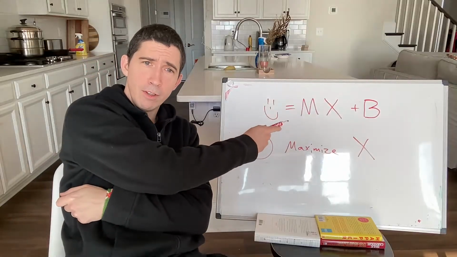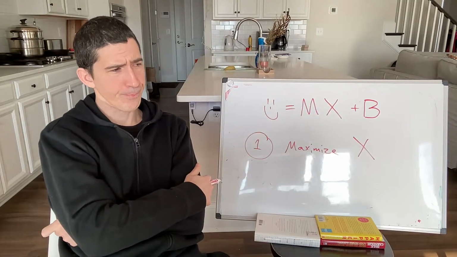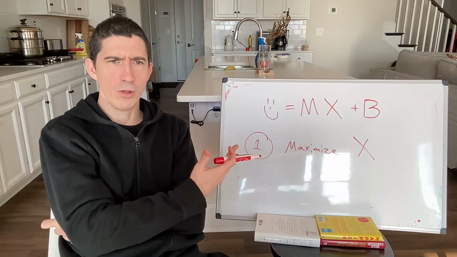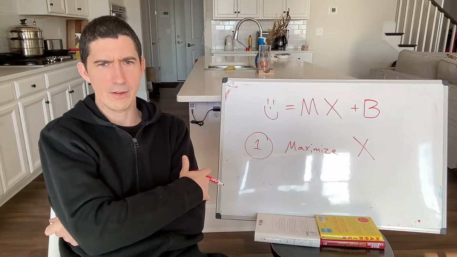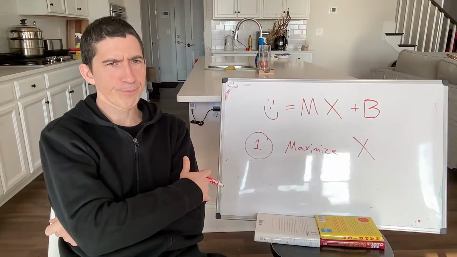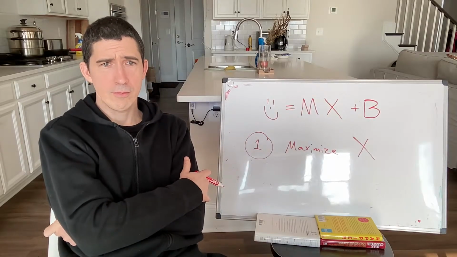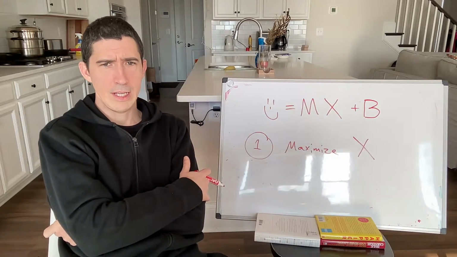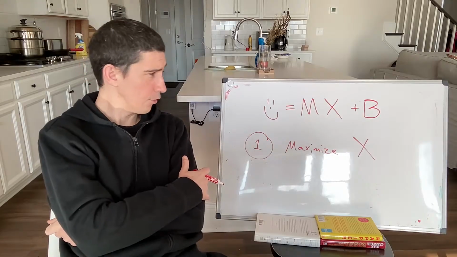Because the M associated with it, your map, is some positive number. We're not talking about whether or not the actual true value of this thing is positive or negative. It's more about how do you perceive it, right? So one obvious way that a lot of people think about to try to become happier is to get whatever they want. So that's maximizing X.